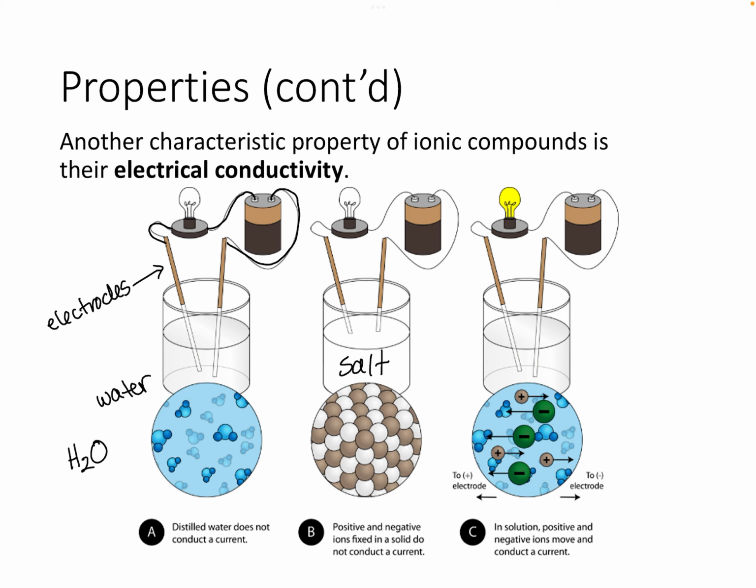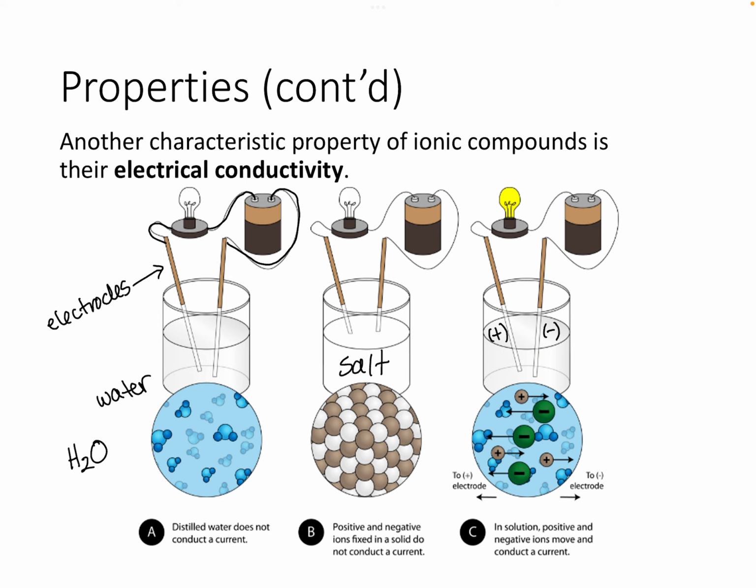So the positive ions are going to be attracted to the negative electrode. So let's say that's the one on the right. And the negative ions are going to be attracted to the positive electrode on the left.